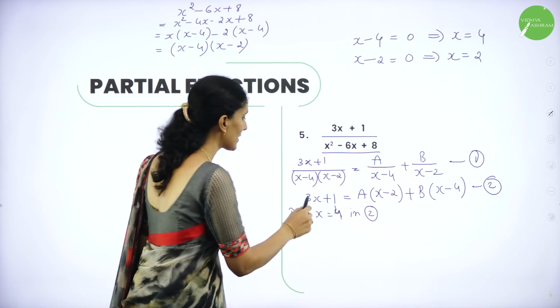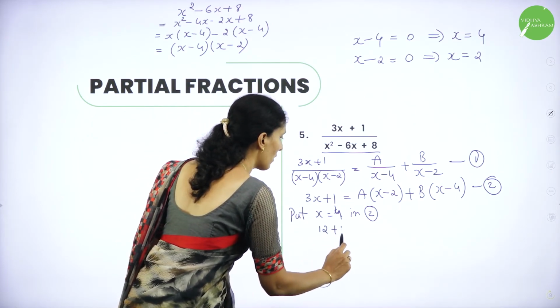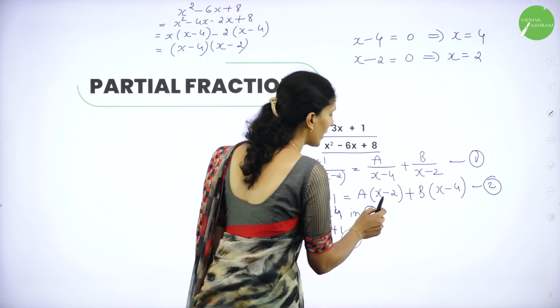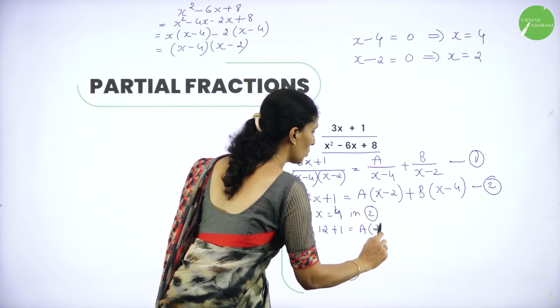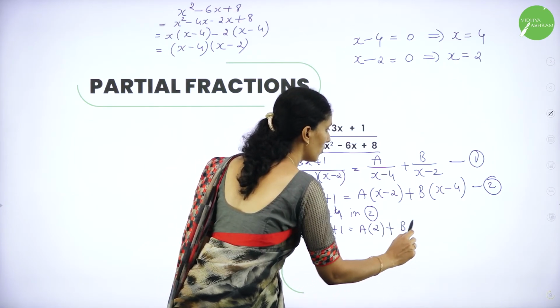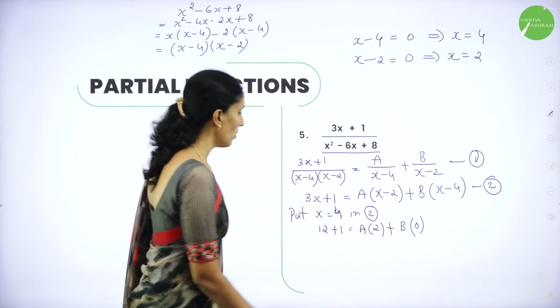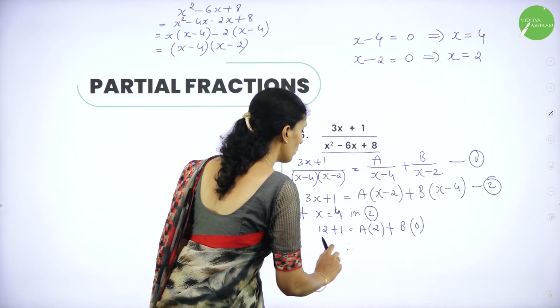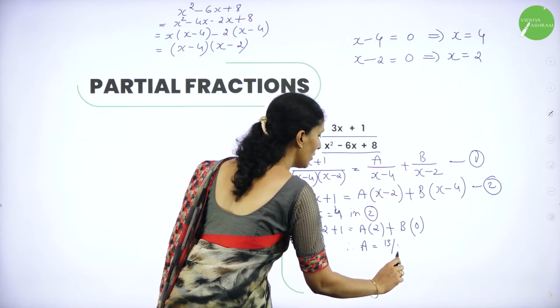Now 3 4s are 12 plus 1 is equal to a into 4 minus 2, which is 2, plus b into 4 minus 4, which is 0. So the term becomes 0. Therefore, you will get 13 equals 2a, so a is equal to 13 by 2.